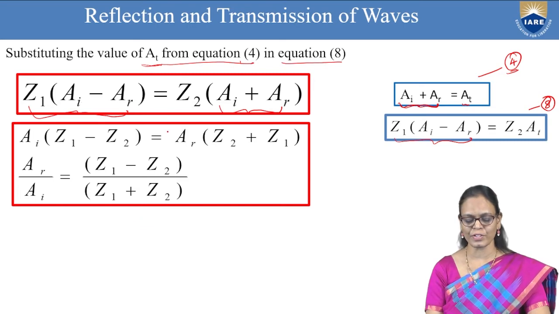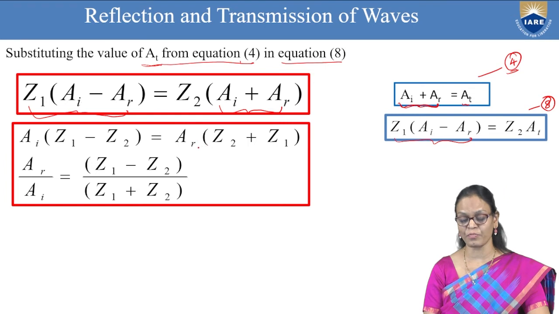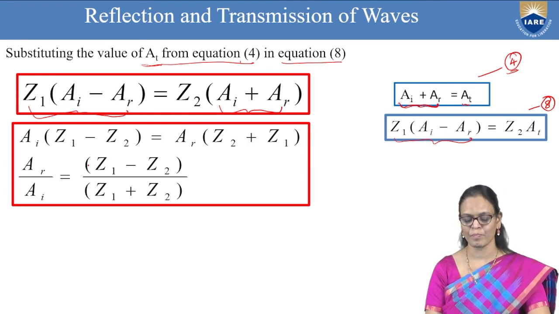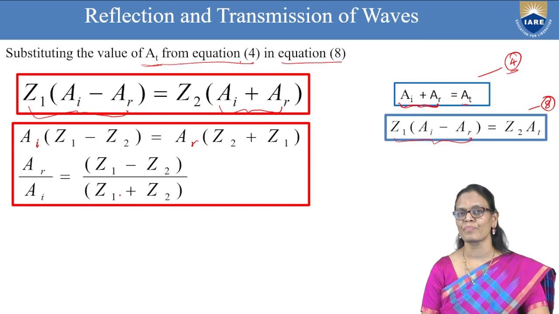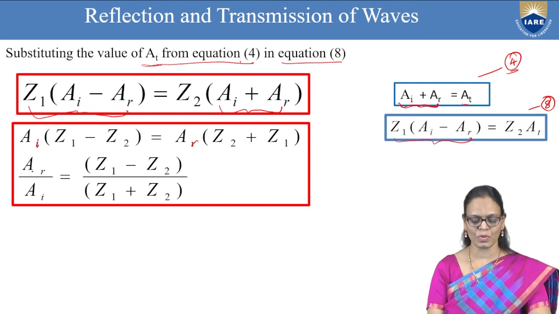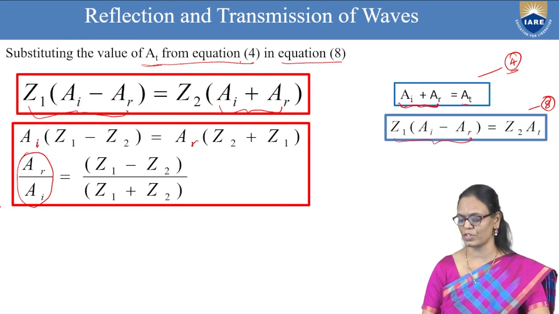So now we are going to write the ratio of the reflected wave to the transmitted wave. So we want AR upon AI. So we'll take Z2 plus Z1 onto the other side. So it is Z1 minus Z2 upon Z1 plus Z2. So this AR upon AI is called the reflection coefficient.